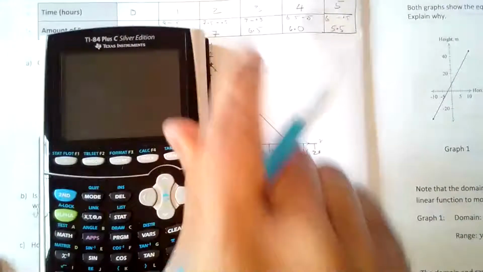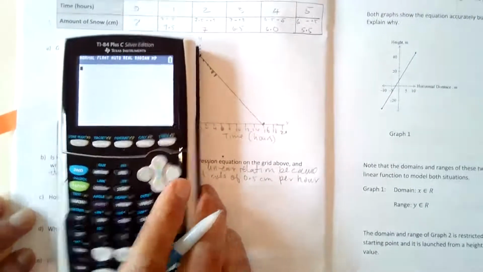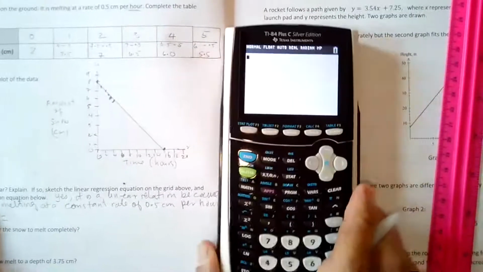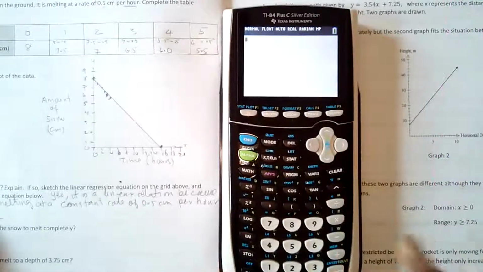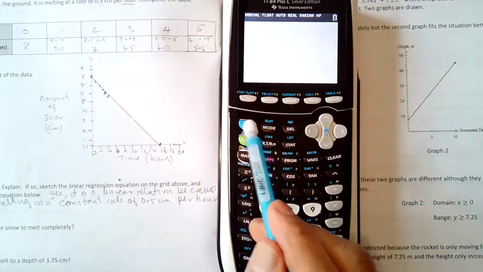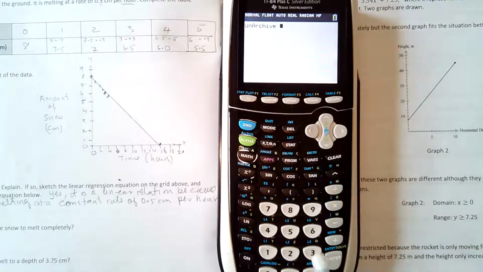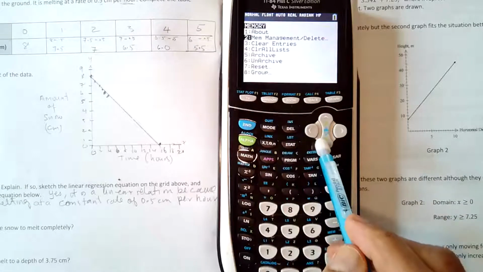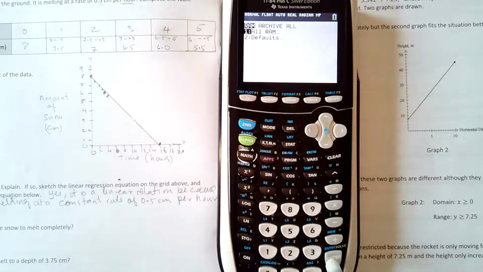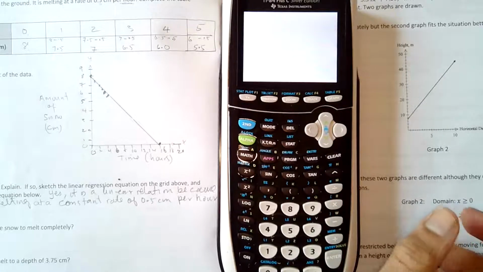Now we're going to enter this into our calculator. So I'll zoom out here. We'll use a graphing calculator this time. I need to get my data. Take my ruler out of the way. First thing you want to do is reset your calculator: second, memory, reset, so I clear all of my previous data.